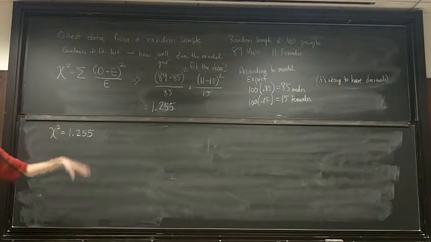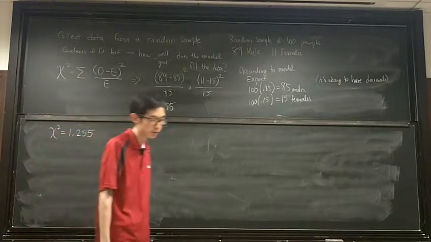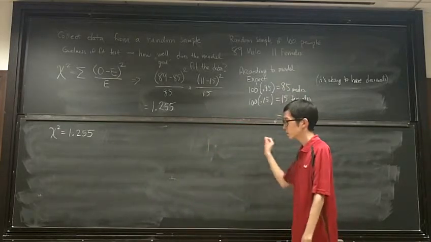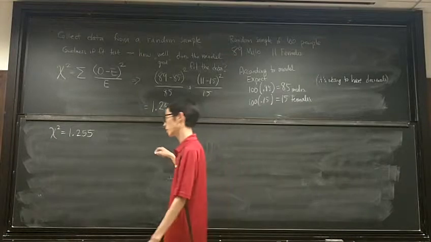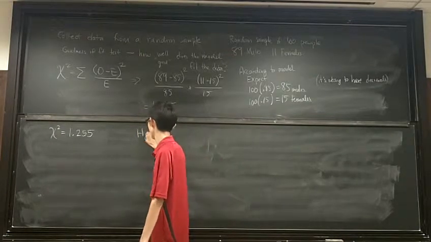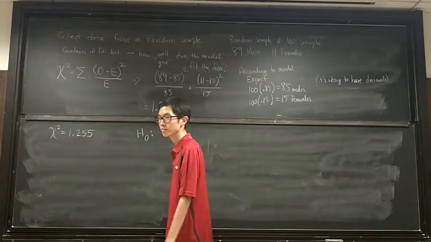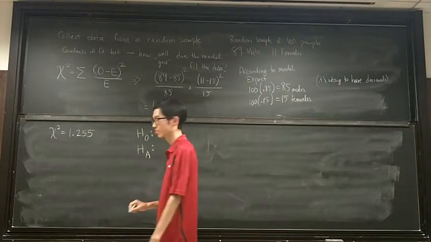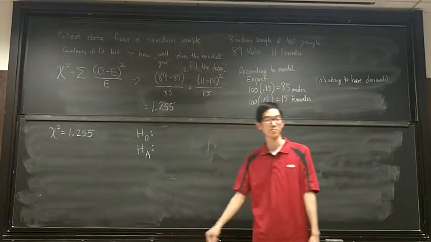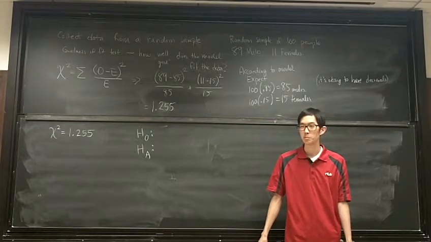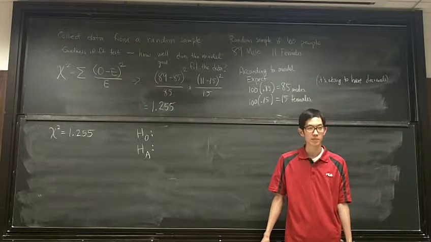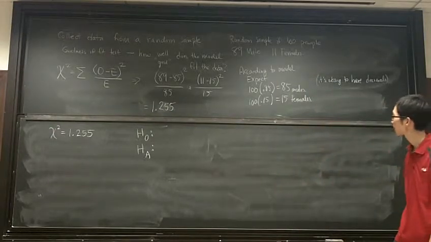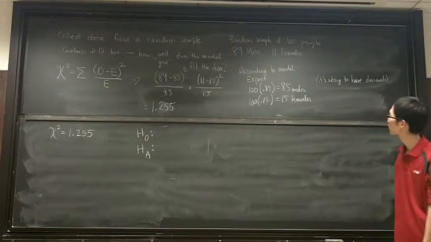Alright, and so in a moment we're going to go to our table and figure out a p-value from it. But before we do that, let's just think, what was my null hypothesis? Yeah, that there would be no difference between what we expected in the model and what we found.